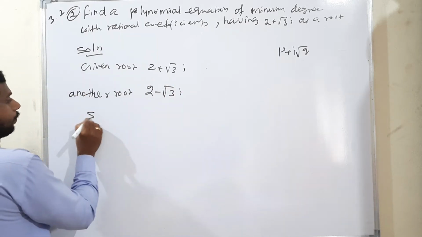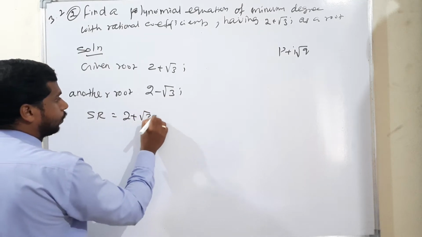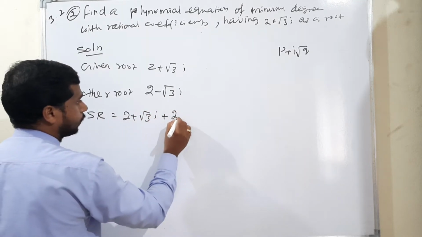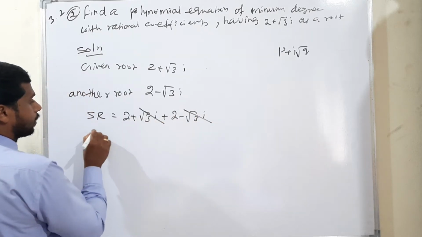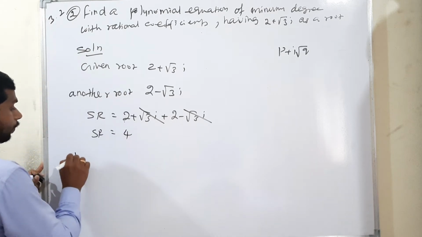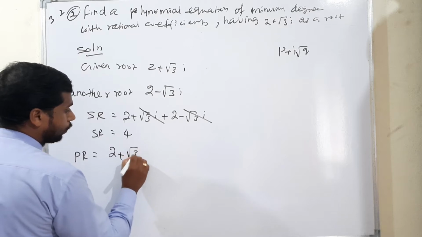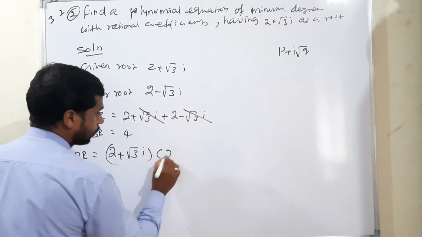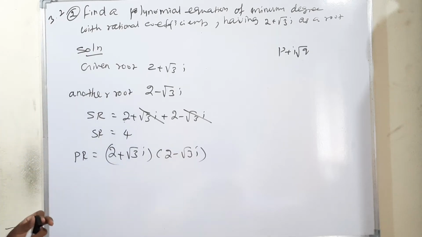Now find the sum of the roots: 2 plus root 3i, again plus 2 minus root 3i. Root 3i and minus root 3i cancel, therefore the sum of roots is 2 plus 2, which is 4. Then the product of roots is 2 plus root 3i into 2 minus root 3i. This is the a plus b into a minus b form, a square minus b square.